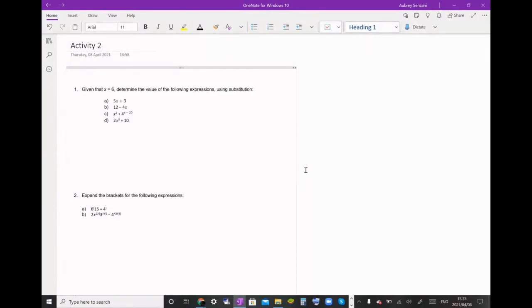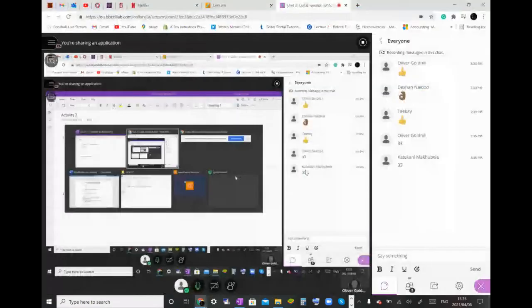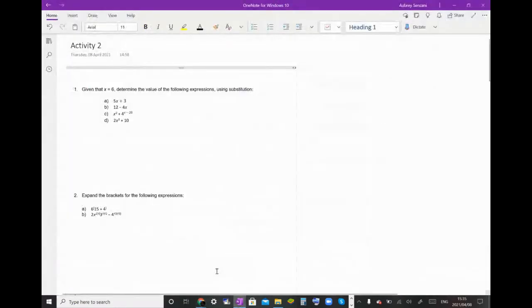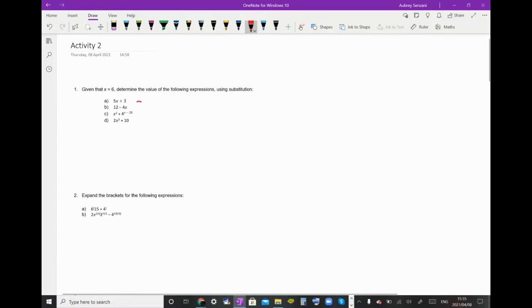Okay, 33. Let's see how you guys got there. So you're saying this is equal to 5 times 6 plus 3. In other words, 5 times 6 gives us 30 plus 3, and we have 33.